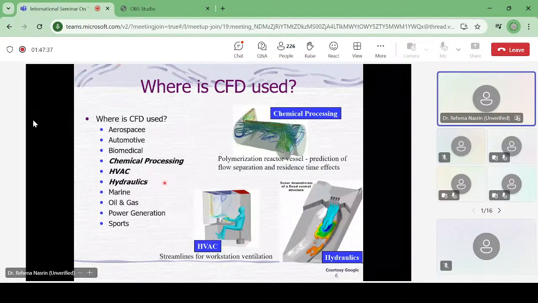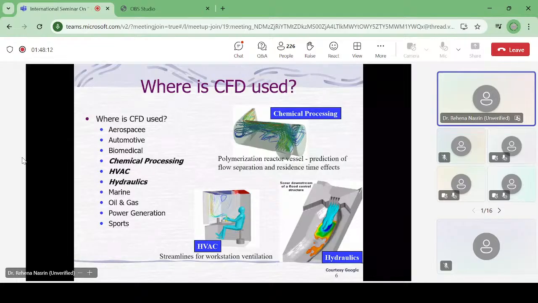So there are other sectors like chemical processing. Here we can see polymerization, reactor vessel, prediction of flow separation. We are seeing here the flow separation figure and residence time effect. Also, this is HVAC, we all know HVAC, heating, ventilation, and air conditioning.